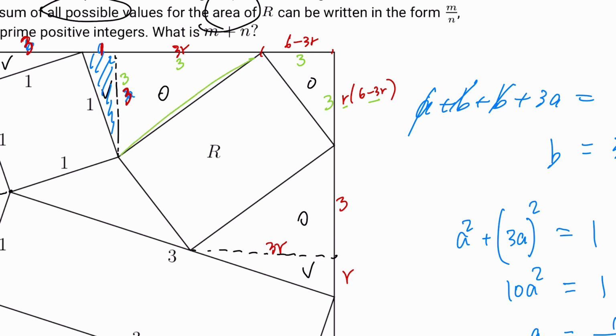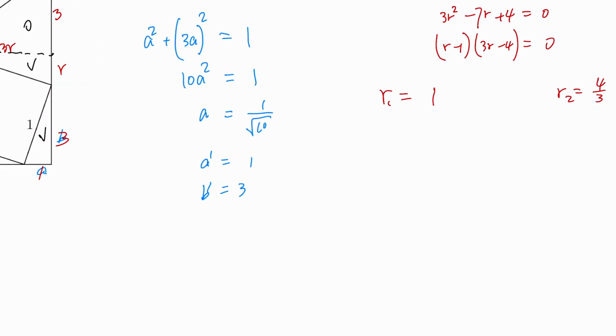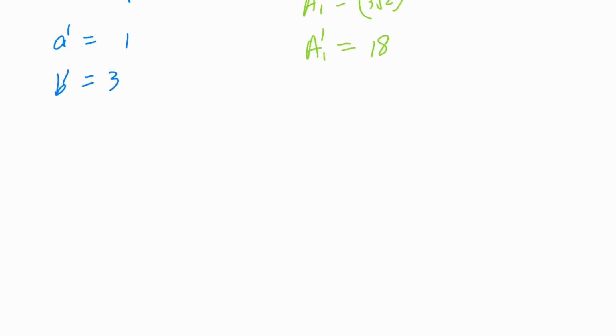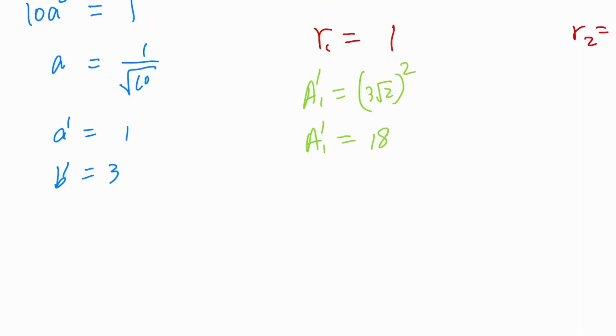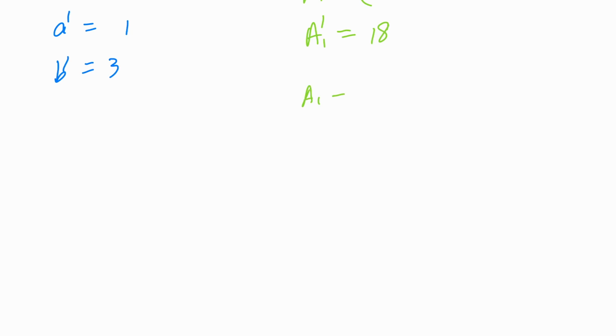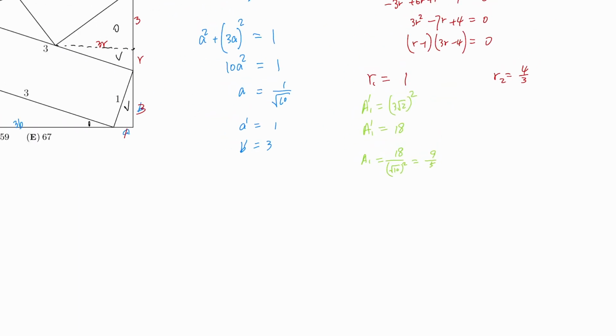And this side is 3 square root of 2, which means that the area is 3 square root of 2 squared, which is equal to 9 times 2, which is equal to 18. But remember, that is after scaling it, which means that before scaling it, it's actually 18 divided by square root of 10 squared, which is 9 over 5.